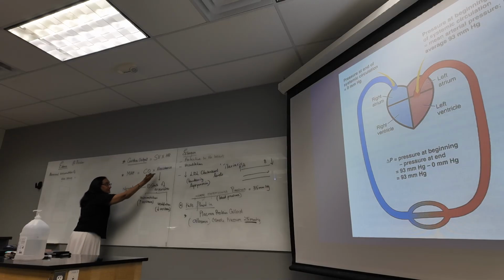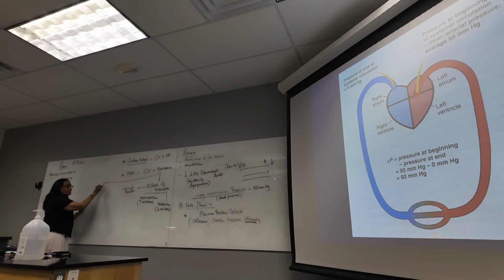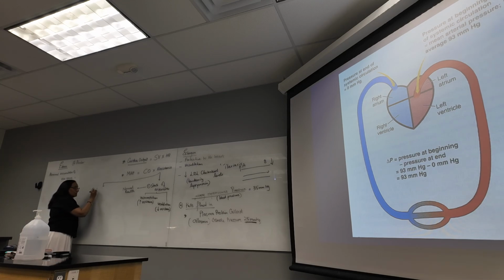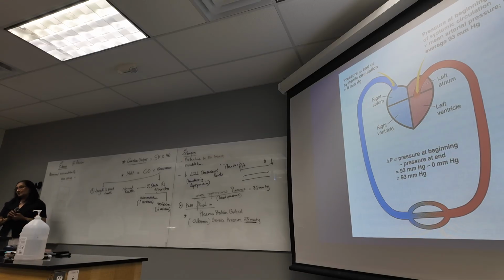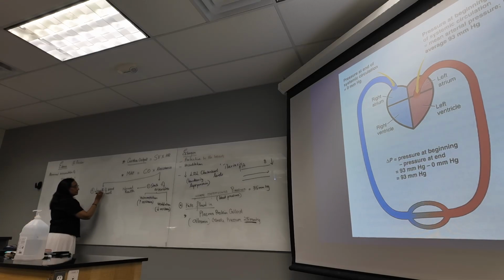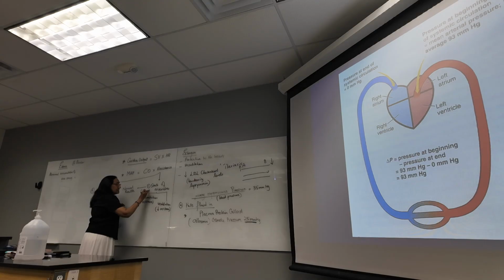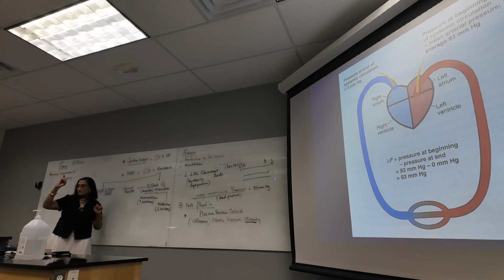Now the second thing, resistance also depends on the length of the blood vessel. So here the first one is diameter: vasoconstriction or dilation, the space.